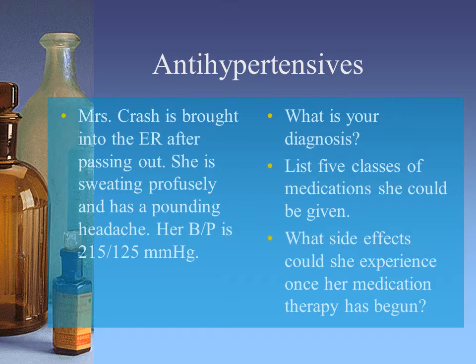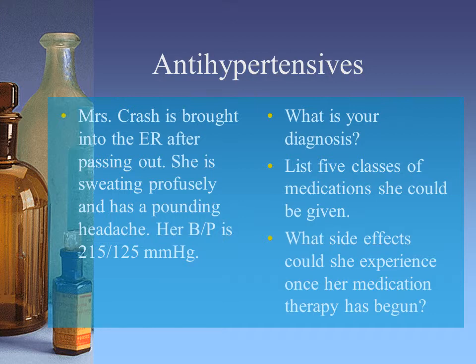Okay, let's see if you got them all. She could be given a diuretic. She could be given a beta blocker. She could be given calcium channel blockers. She could be given an ACE inhibitor or an ARB, an angiotensin receptor blocker. Or she could be given a combination of any of those medications too.